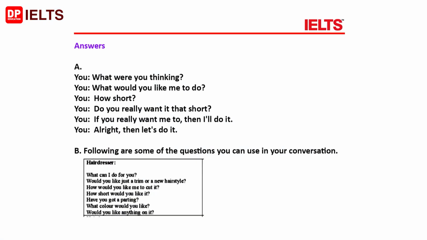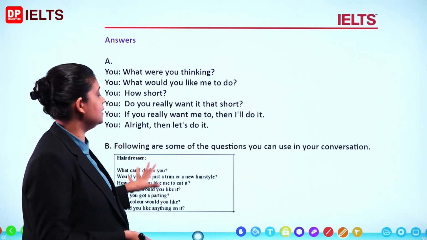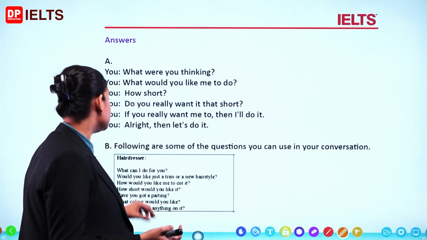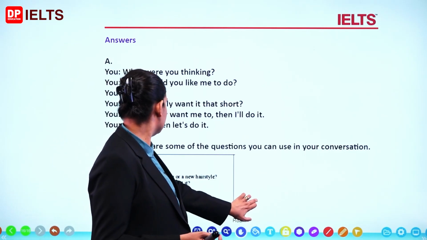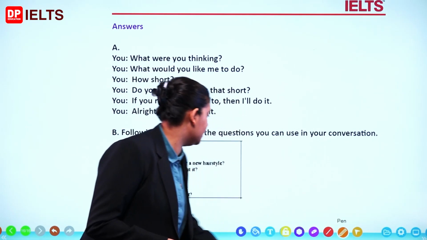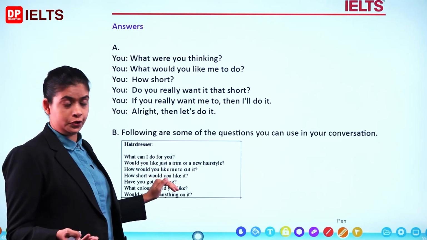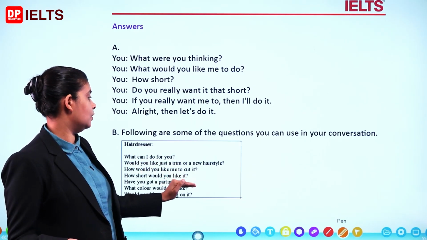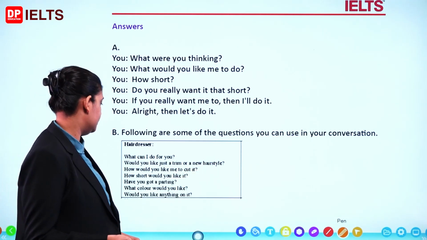Here are some of the questions that you can use in your conversation. Right? So you might not necessarily want to use all of this, but you can use some of it, right? So if you were the hairdresser, you can ask, what can I do for you? Would you like just a trim or a new hairstyle?